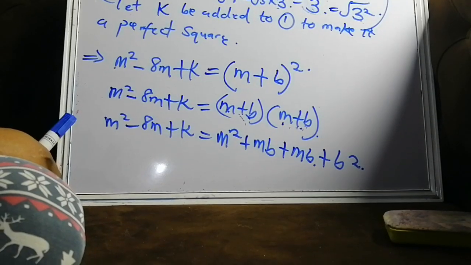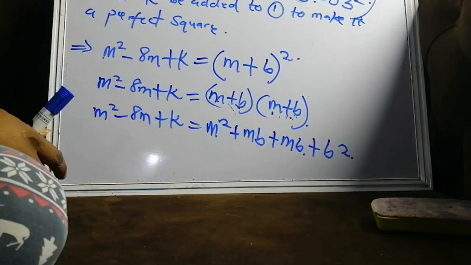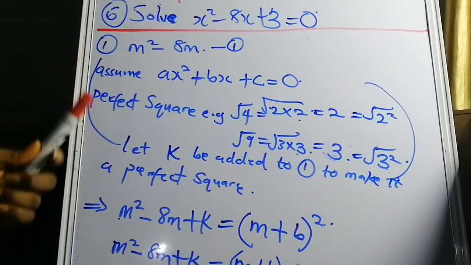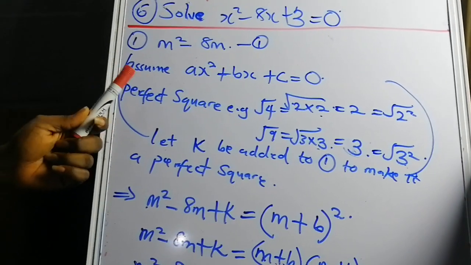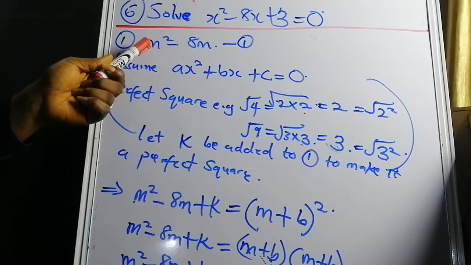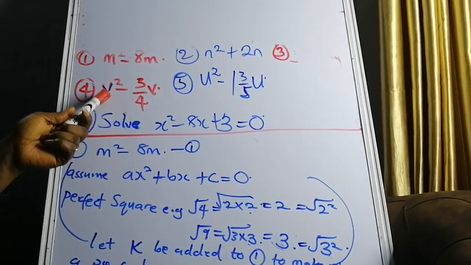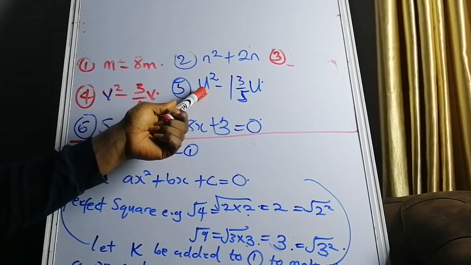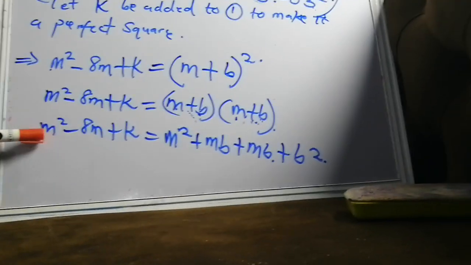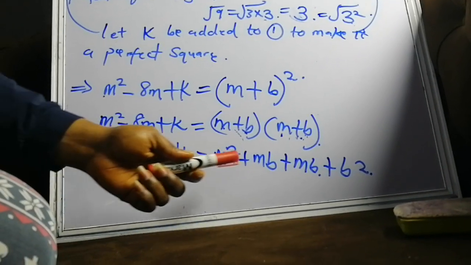The coefficient in this question is m. A coefficient can be A, B, C, or D. The coefficient in this assumption that I did here is X. In this case, the coefficient is m. In this question, the coefficient is V. In this question, the coefficient is U. So the coefficient can be any alphabet. So now I can compare m square, m square. I can compare minus 8m.